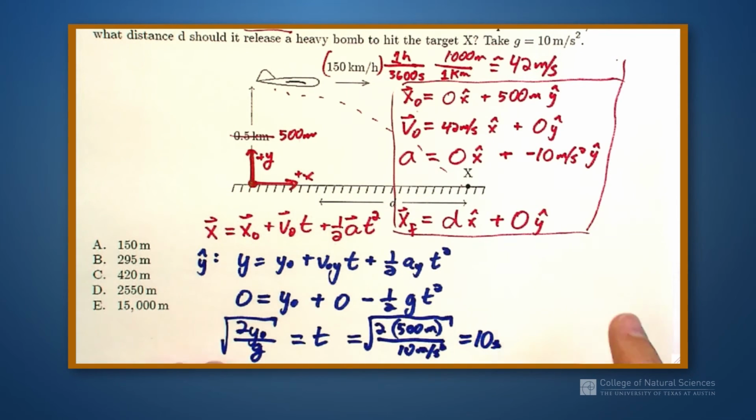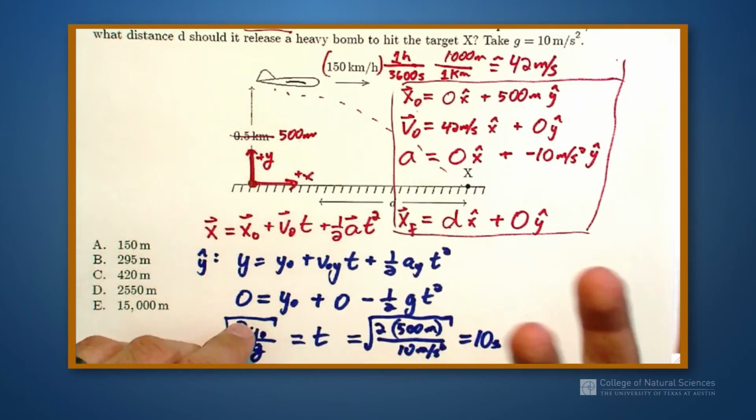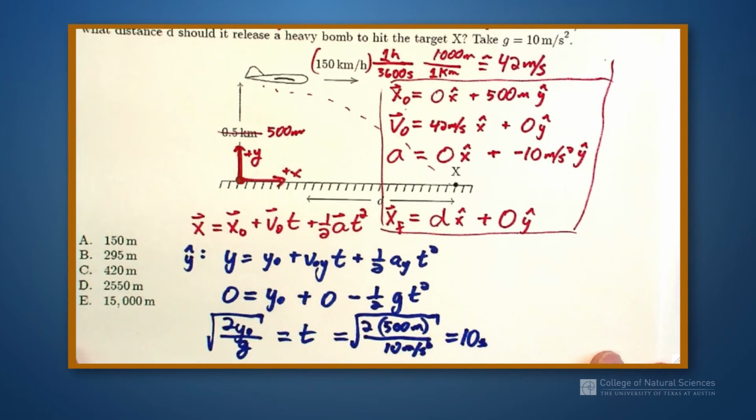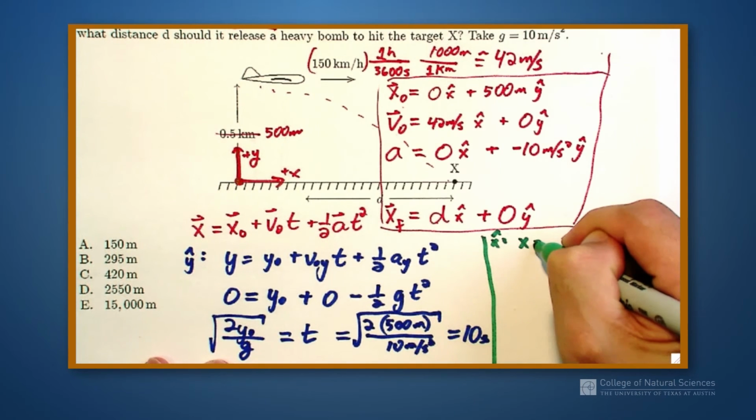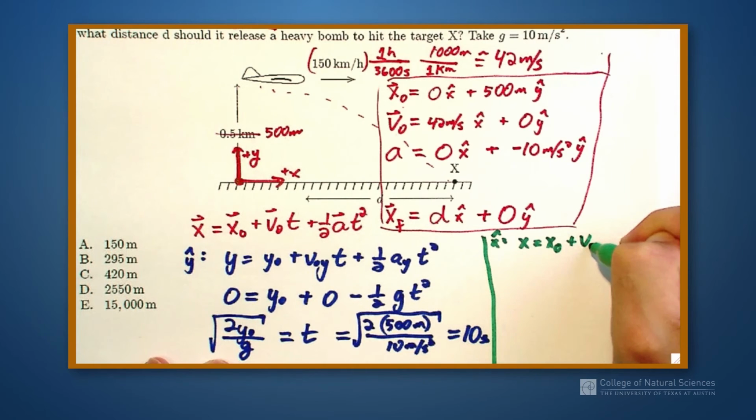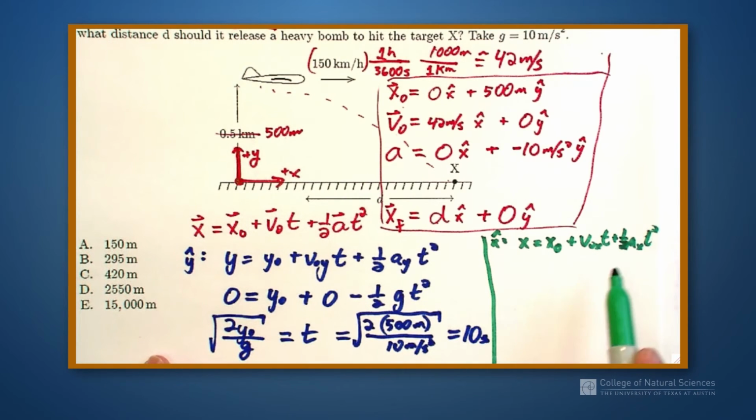One thing I didn't mention was that because the plane and the bomb are connected to begin with, we're going to assume that they have the same initial velocity. All right. Let's go to the x direction. We have x is equal to x naught plus v naught x t plus 1/2 a x t squared. Same equation as this, just looking at the x components.